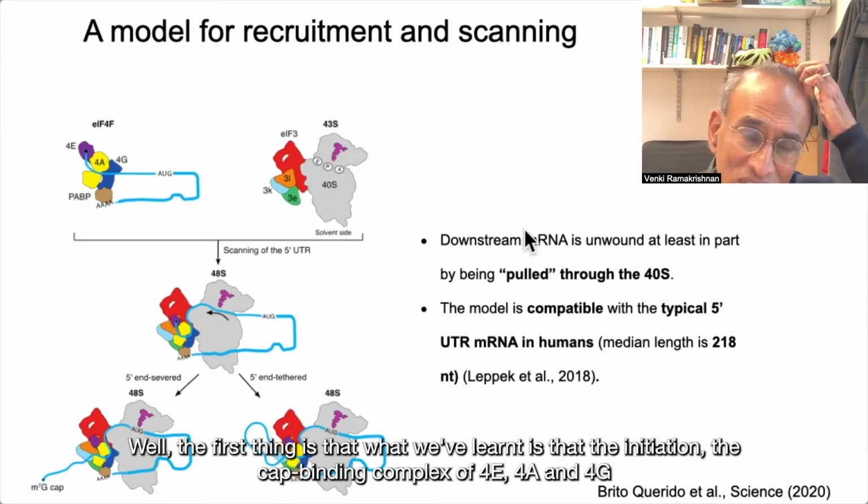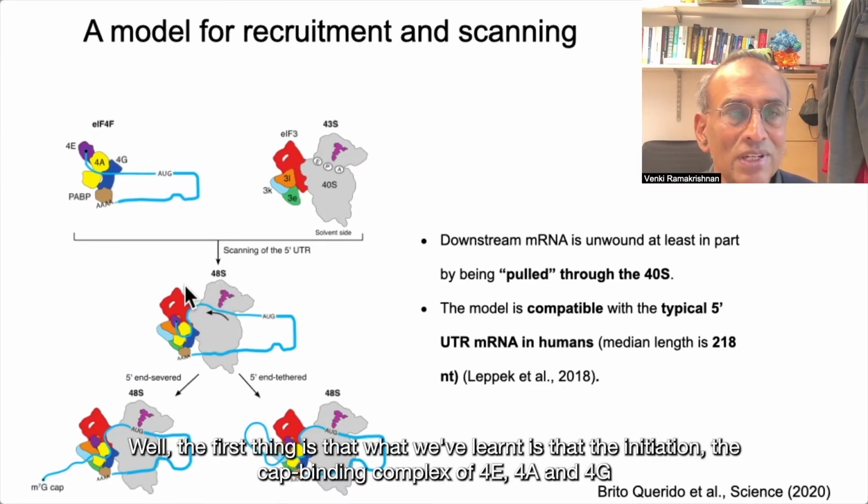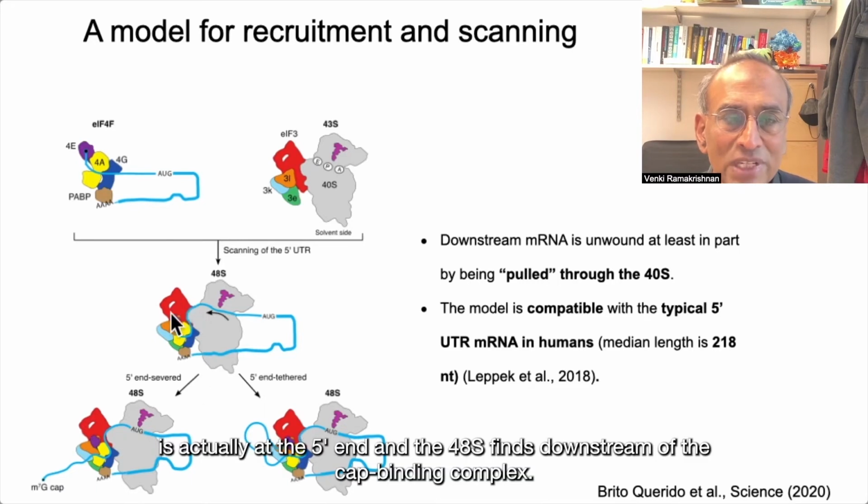Well, the first thing we've learned is that the cap binding complex of 4E, 4A, and 4G is actually at the 5' end, and the 48S binds downstream of the cap binding complex.